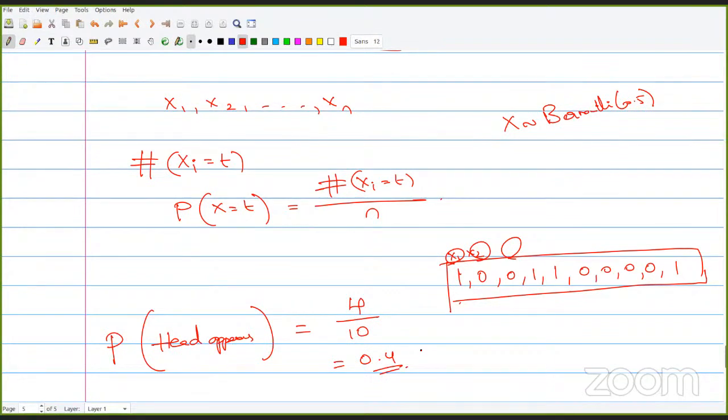My result is that I tossed the coin 10 times, only 4 times I got head and 6 times tails. So the chance of head is 0.4 only. How did I say this? The number of times heads appear divided by the total number of times I toss the coin.